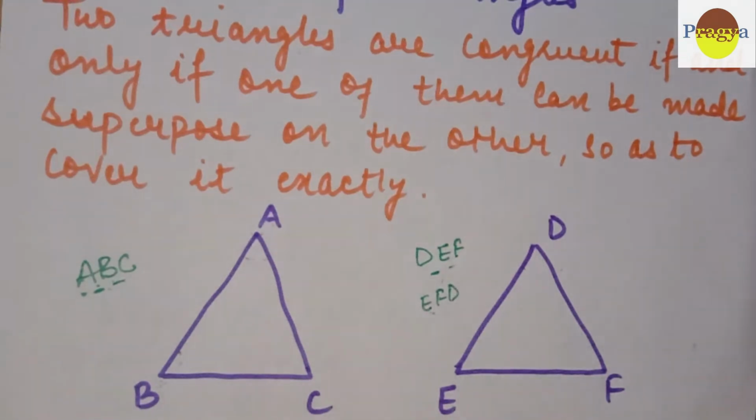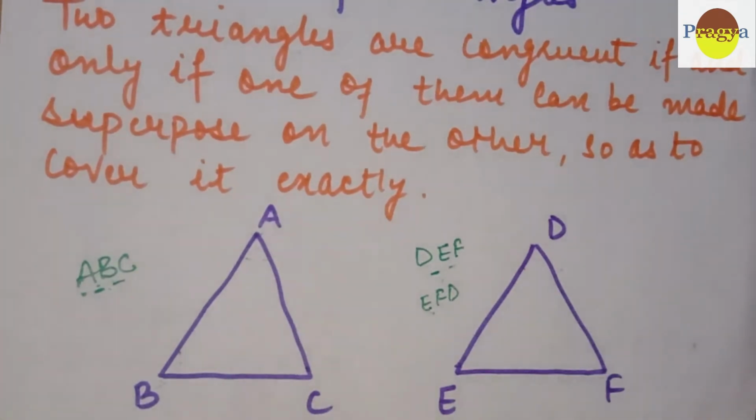So now students, I want to teach you that congruency of triangles depends on two triangles covering each other exactly, and their corresponding parts, their sides and their angles, being equal to each other. So they are congruent, and you will learn about this with the help of questions also.